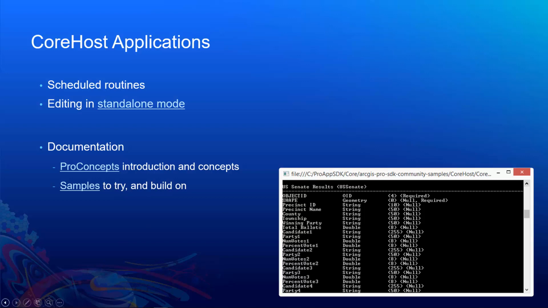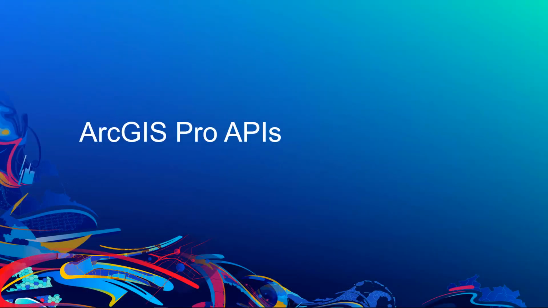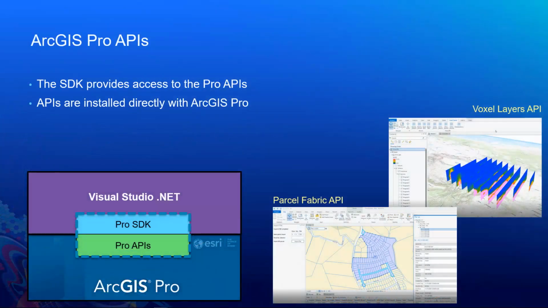Okay, our next section we're going to talk a little bit about the ArcGIS Pro APIs. Up till now, we've been talking about the SDK and how each one of the extensibility patterns is built on a framework of a project template that's been made available through the SDK, which is an integration with Visual Studio.